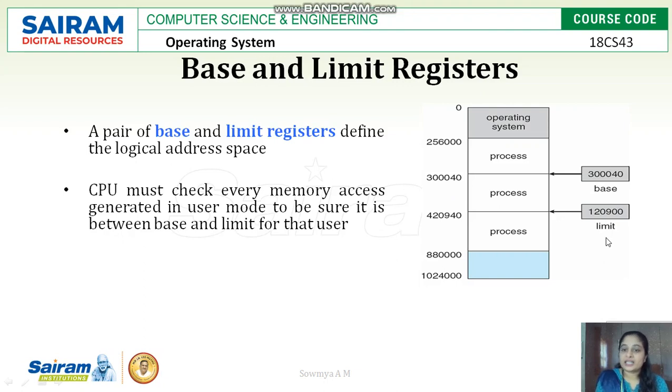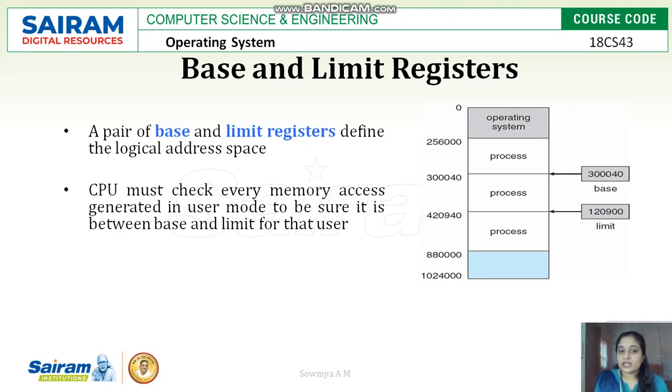Means how long this continuation is. It is like when it started and when it ends, and the limit register contains the limit of the process data in the main memory.